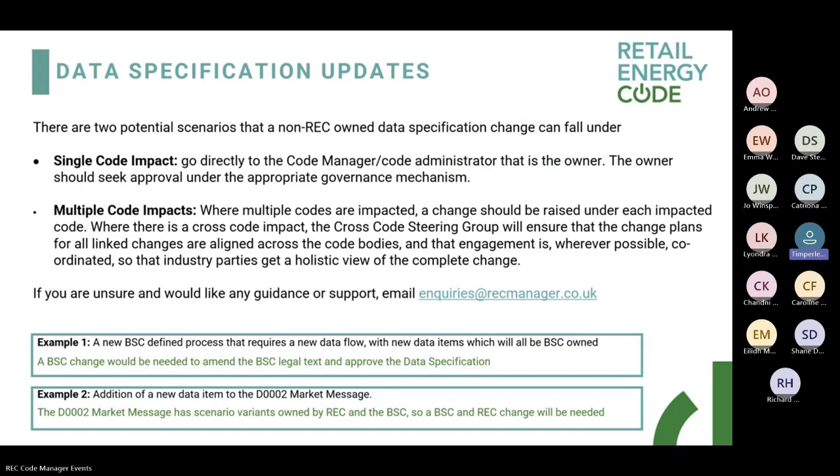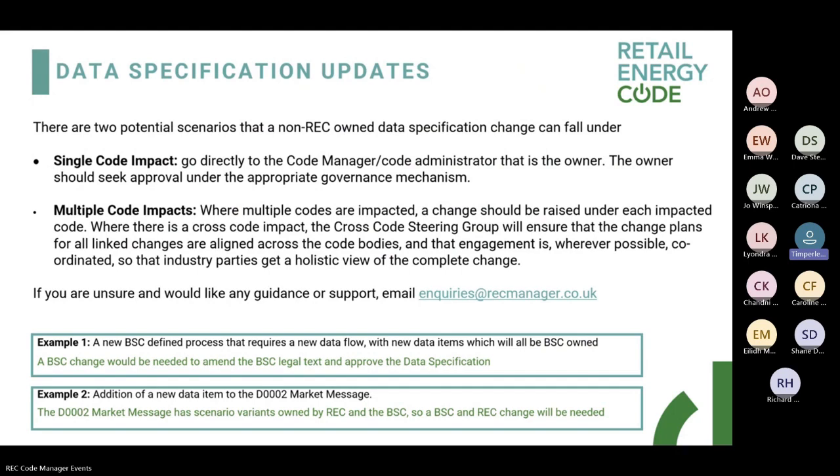And I've got a couple of examples just at the bottom there. So for example, if there was a new BSC defined process that required a new data flow with new data items, and they're all going to be BSC owned, you just have to raise a change with the BSC, and the BSC code administrator would tell us about that so that we could update the REC data specification towards the end of that change process that they have. Example 2, addition of a new data item to the D0002 market message.